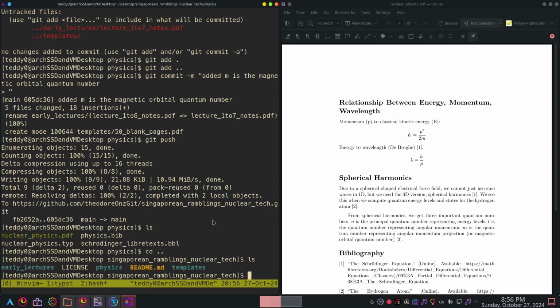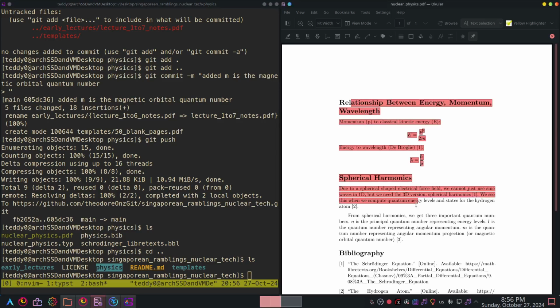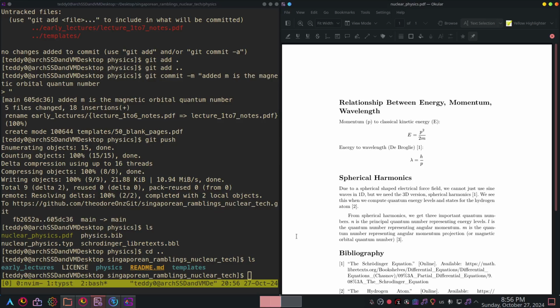section. If you look at the file structure, there'll be one part called early lectures, which is what we are now. We have a physics folder and then templates. These notes will be here under the physics folder as of now. I try not to change it, but this is how it's structured right now.